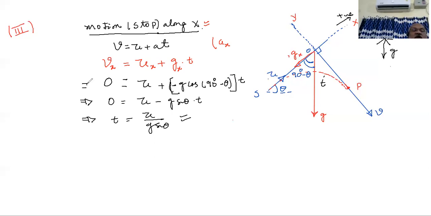Many of the steps could have been skipped, and you could have reached the solution within 2 or 3 steps maximum. So time equals u by g sin theta, which numerically is 4 seconds, as we got in the first and second methods. You can clearly see the elegance of the solution with a slight change in our thinking.